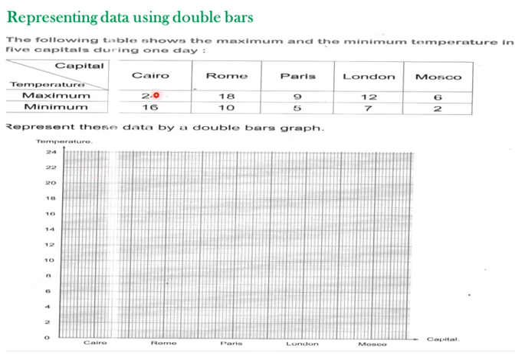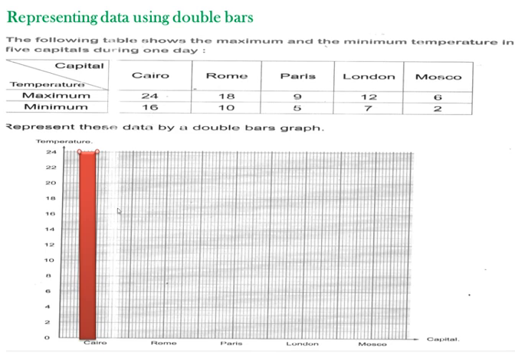First, go up to 24, determine by 2 points, then using a ruler draw a bar.